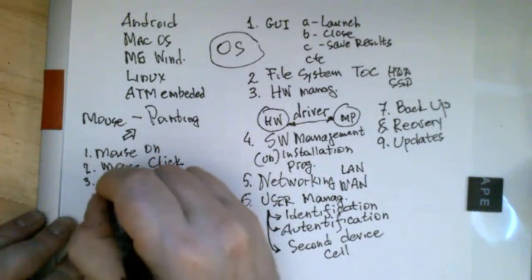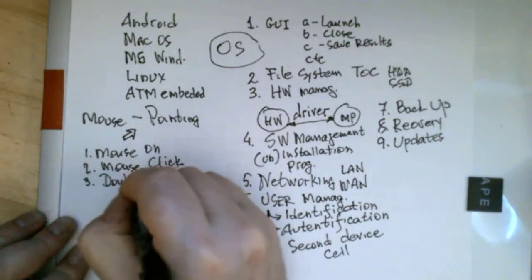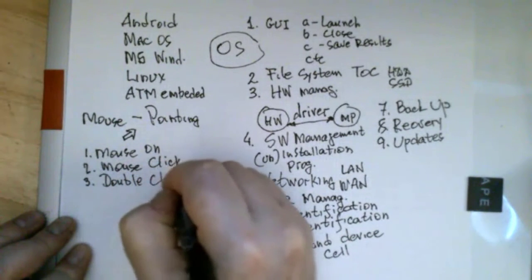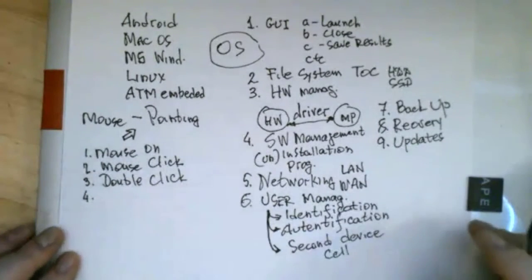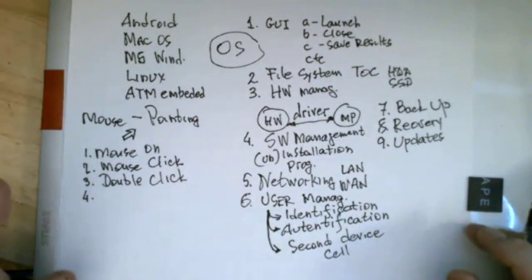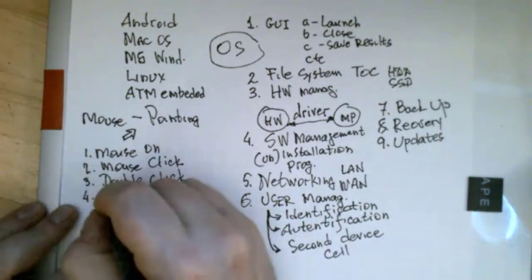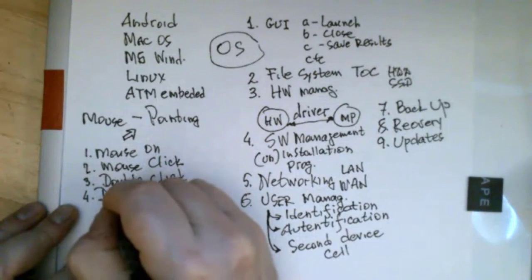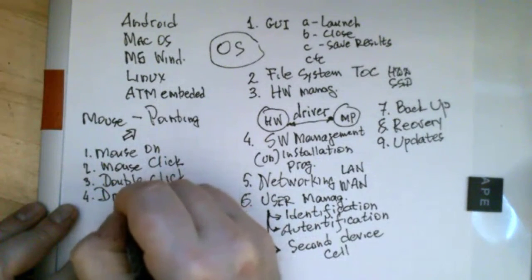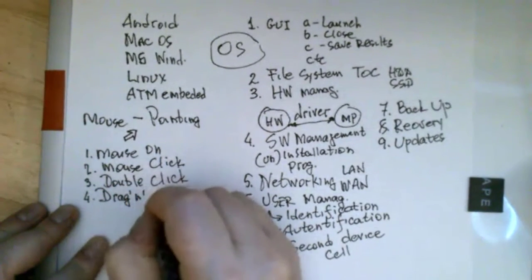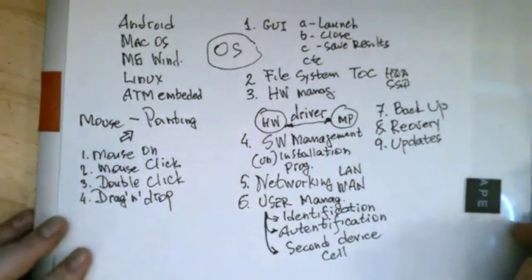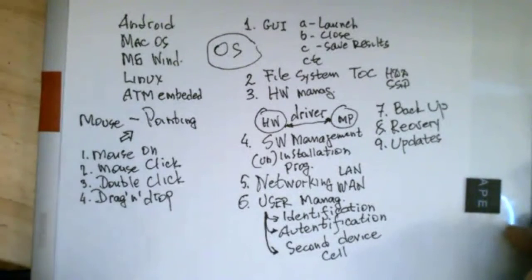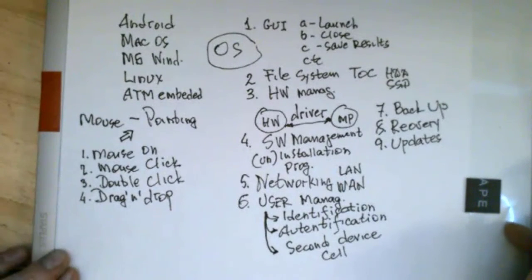Number 3, double click. Number 4, click and move and release. We call it drag and drop, when you need to move a file into a certain window.